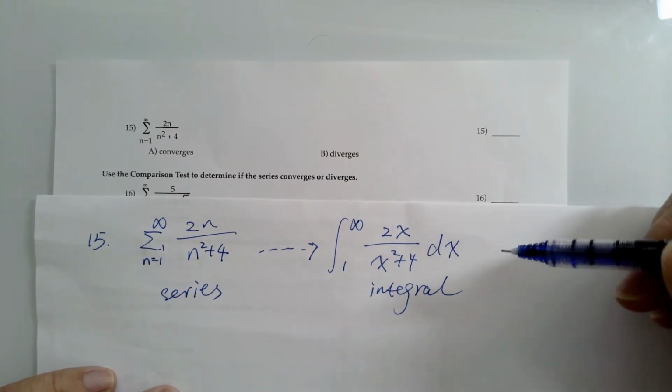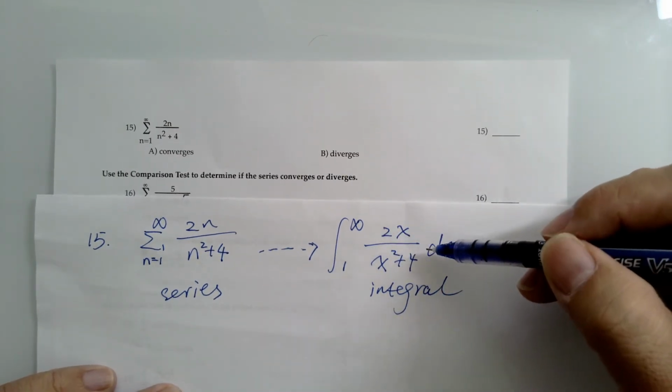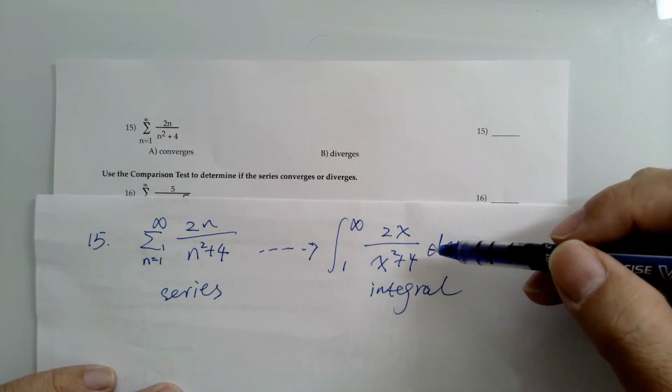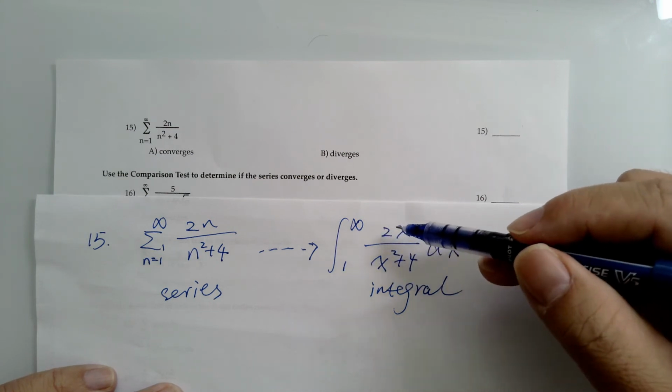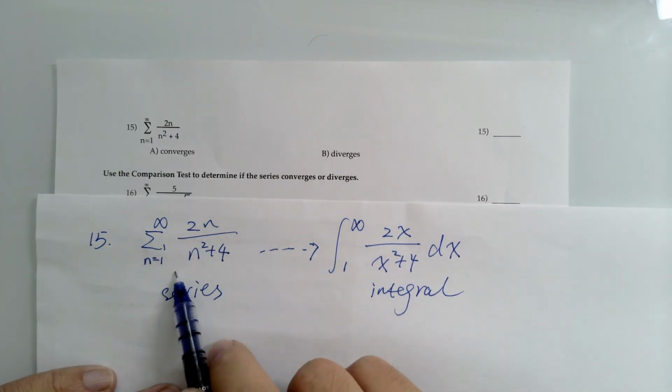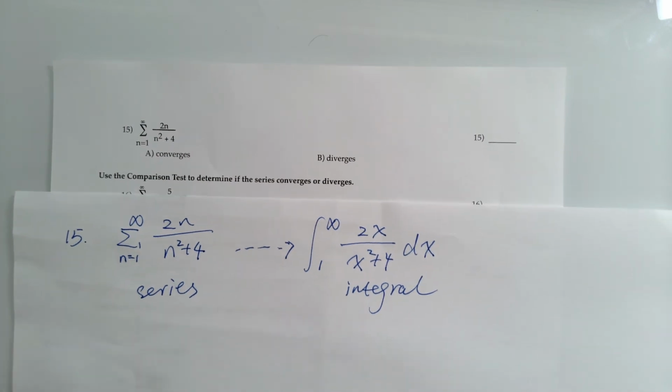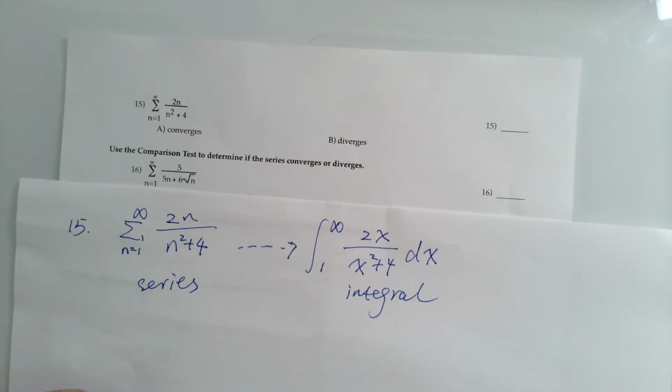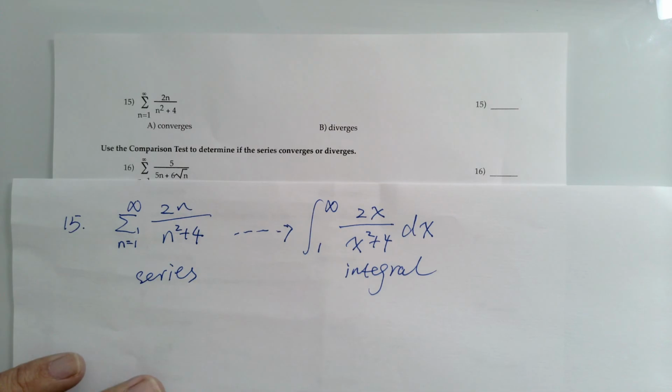But if this integral converges, the convergent value has no relationship at all with the original series. So it can only tell whether it converges or diverges.